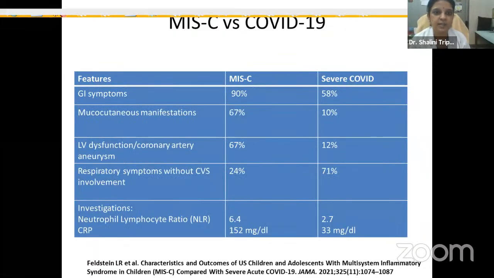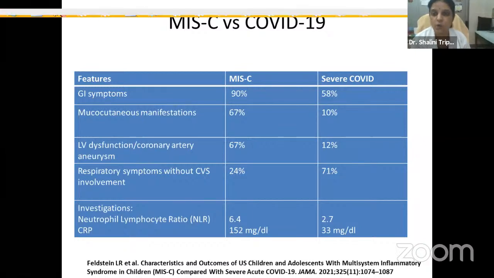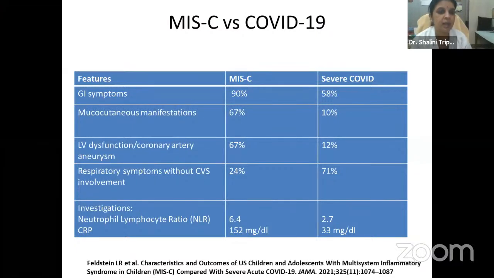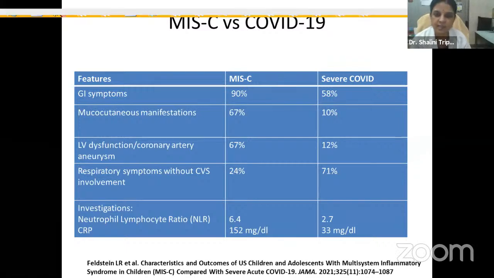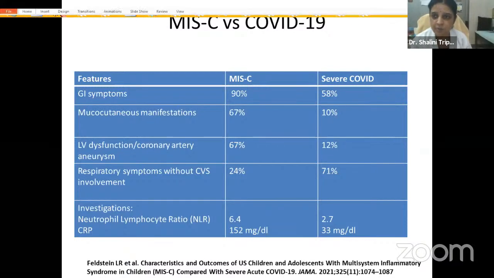Now this slide explains how we are going to differentiate MIS-C from severe COVID, especially if sometimes you may not have the rash, and you may just have pulmonary, cardiac, and GI manifestations. In the paper published by Feldstein, they said that GI symptoms were more common in MIS-C compared to severe COVID, in the form of diarrhea, nausea, vomiting, hypoalbuminemia, increased SGOT-PT, and abdominal pain.